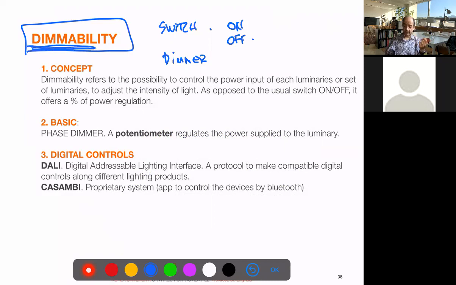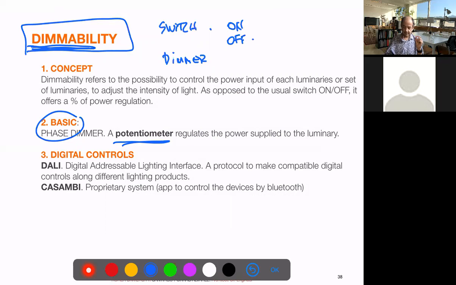There are many ways to do it. The basic is the potentiometer, a switch which allows more or less electricity into the device. With less electricity, it has less intensity. With more electricity, it increases the intensity. But thanks to all the advancement in wireless technology, and even with wires, there is a lot of control we can do with our mobile phones or home computers.